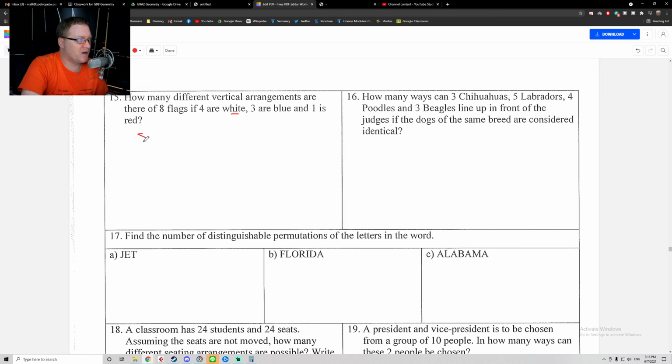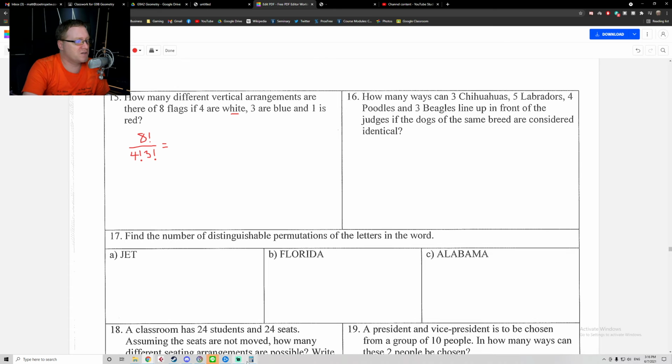So there are 8 total flags, and we can put them in order. But there are 4 that are white, so those repeat, and we can divide those out. And there are 3 that are blue, so we can divide those out. Then there's 1 red, but we don't care about 1. That's not going to change anything.